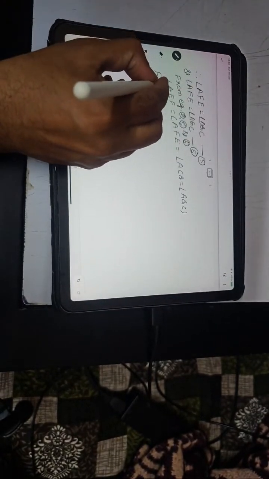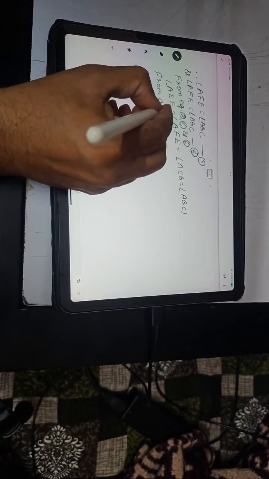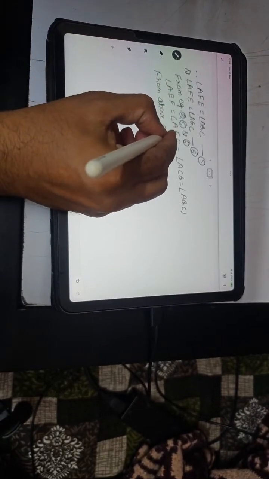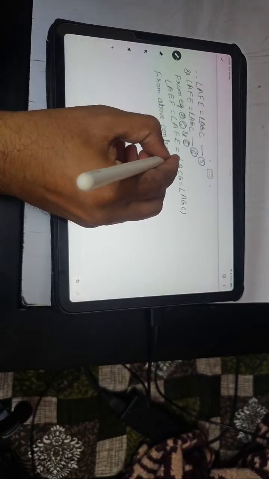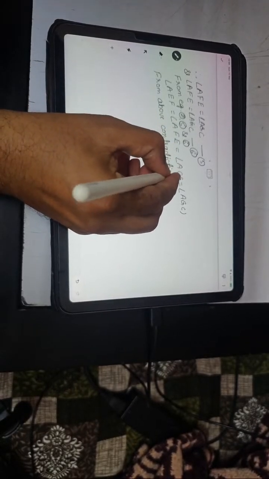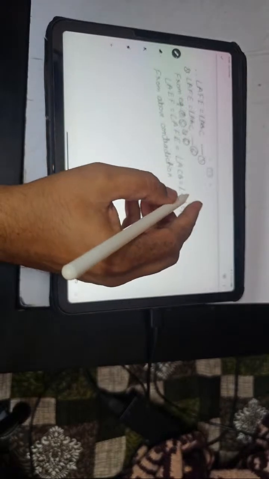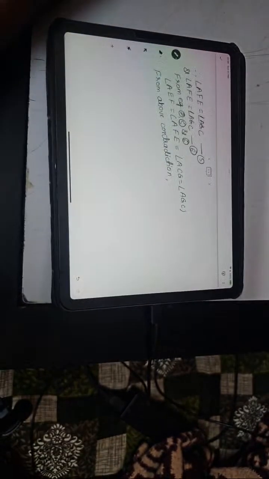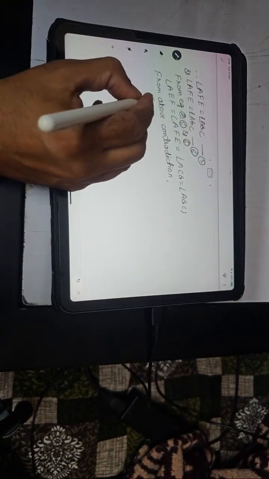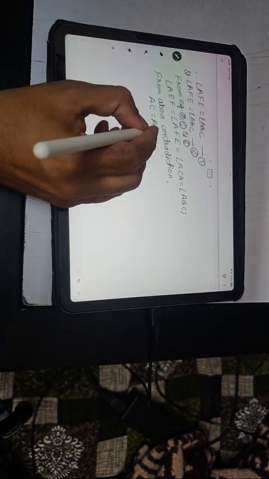So from the above, we will get that AC equal to AG.